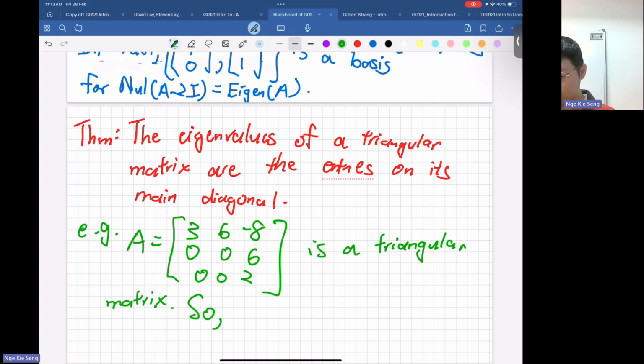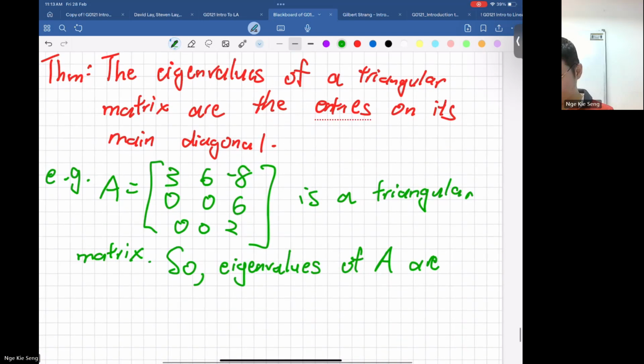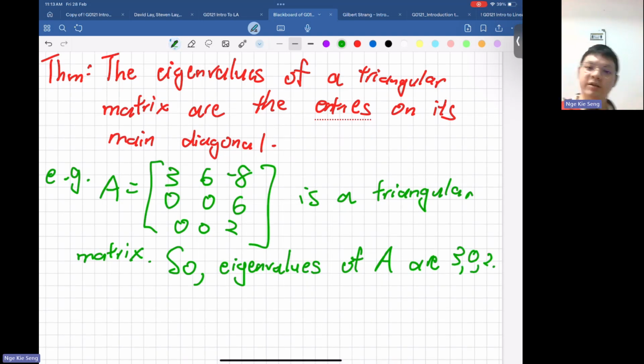So the eigenvalues of A are? What do you think? 3, 0, and 2. Very good. So how do we see this actually?